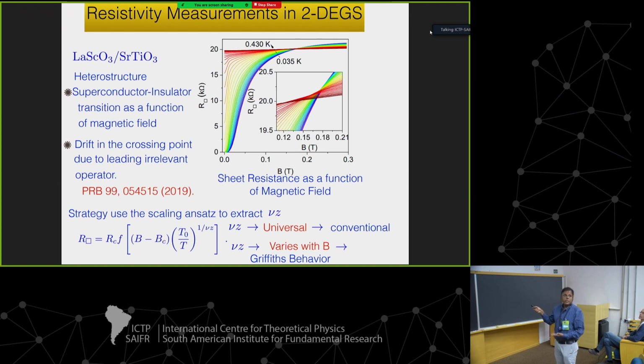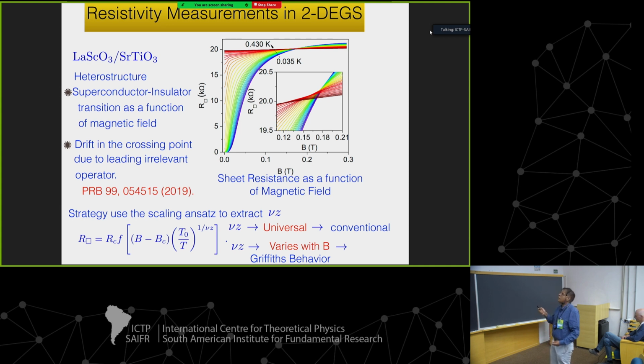That means the BC keeps walking or shifting away. This is actually something that was seen in other experiments on indium oxide films, done around 2019. And Thomas and his collaborators explained this crossing by saying that these crossings are due to the leading irrelevant operator.